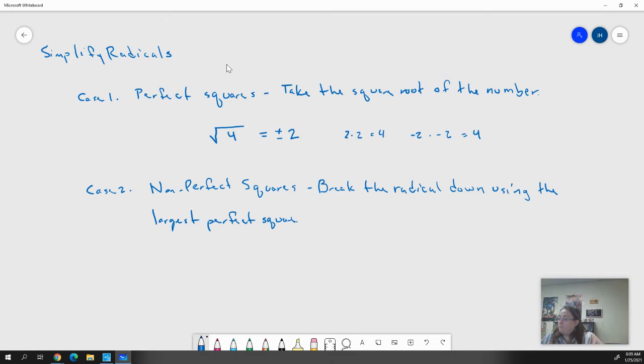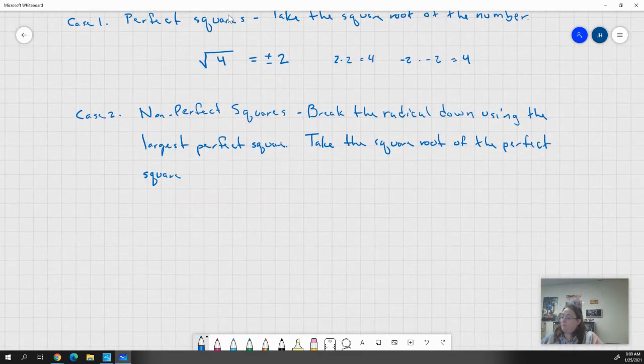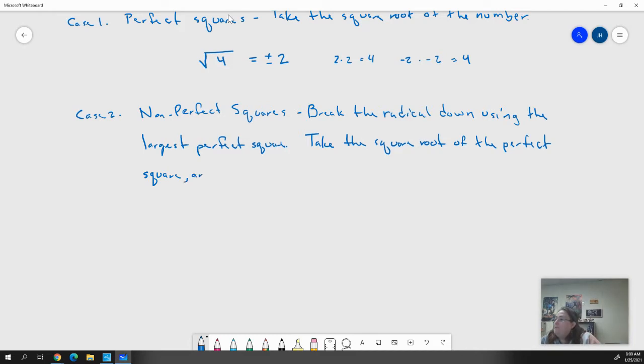Take the square root of the perfect square. I know this is long-winded, but I will show it to you too. I won't just explain it to you. Take the square root of the perfect square, and leave the leftovers. Leave whatever is left over under the radical.